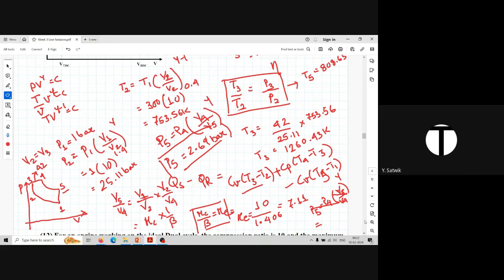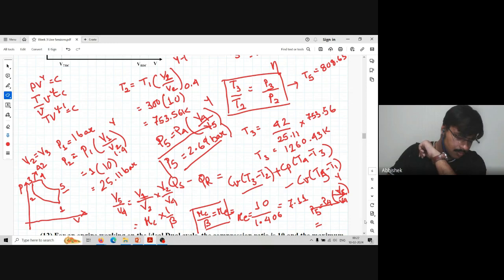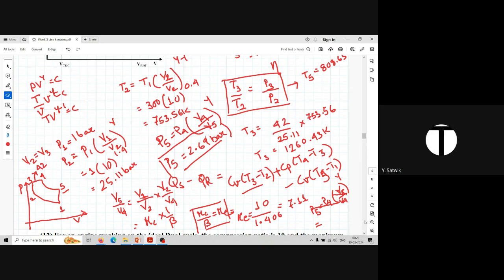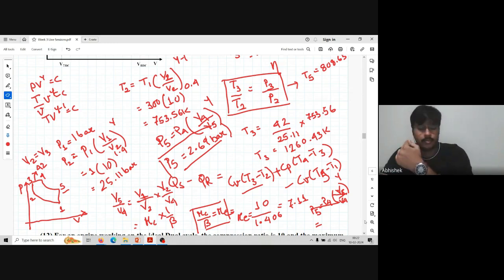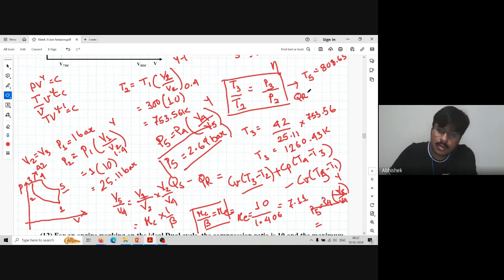So 807. Correct. Now calculate what is the work. Q rejected you will get is how much? I got 364.69. Q supplied you calculate.